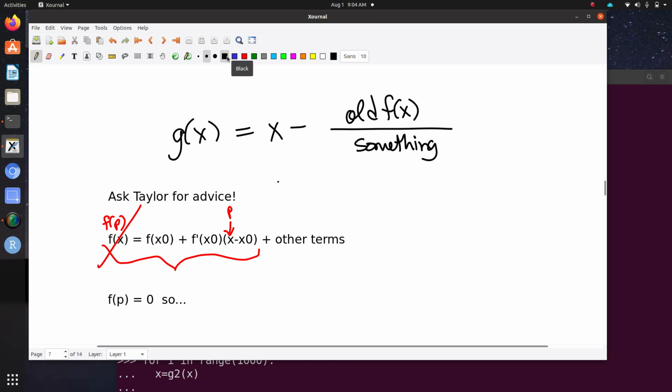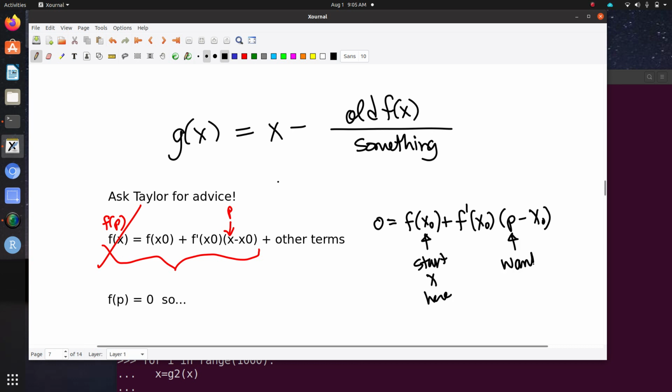So what you're going to end up with is 0 equals f of x naught plus f prime of x naught times p minus x naught. So again, x naught is your starting value. Start x here. And p is what we want to know. We want to know what point causes this to happen.